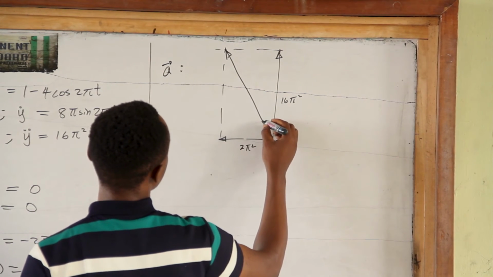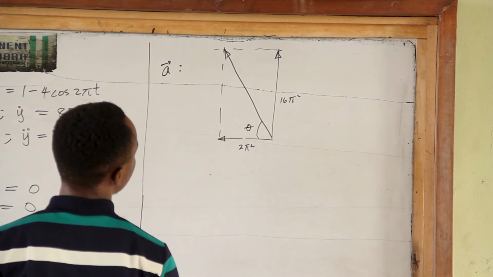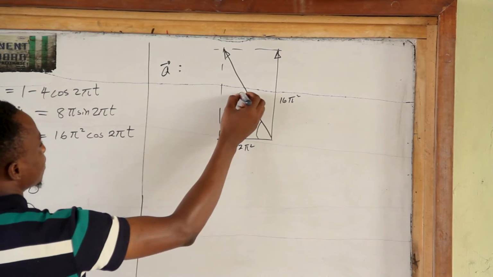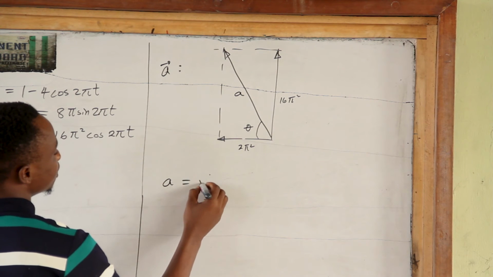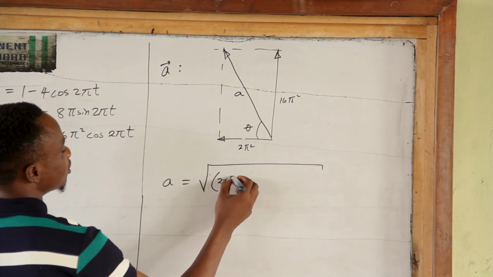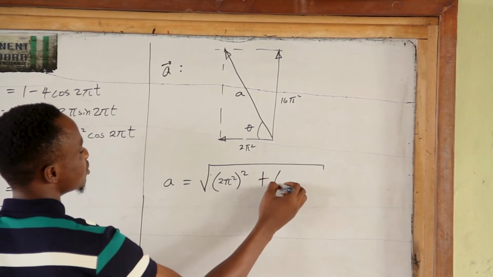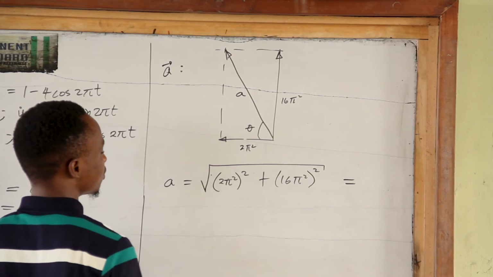Then we find the angle theta it makes with the x axis. So the magnitude of acceleration is equal to the square root of the x component, 2 pi squared, squared, plus the y component, 16 pi squared, squared. That will give us what?